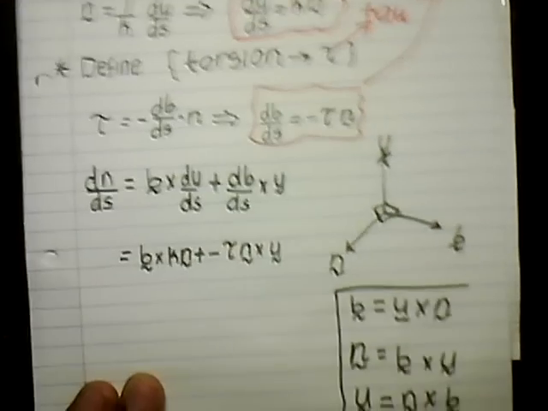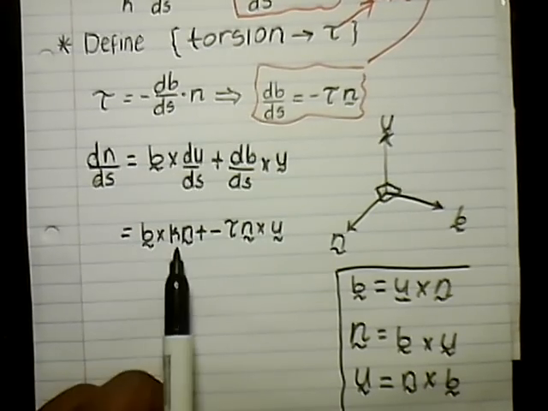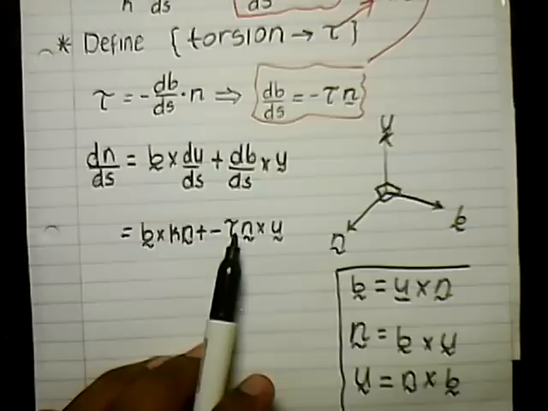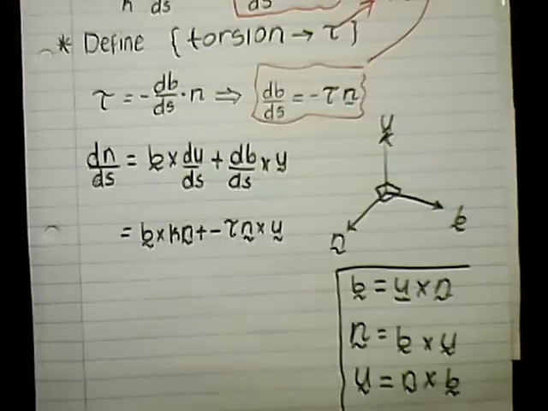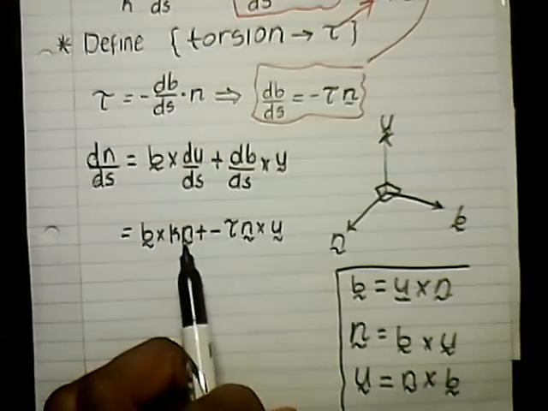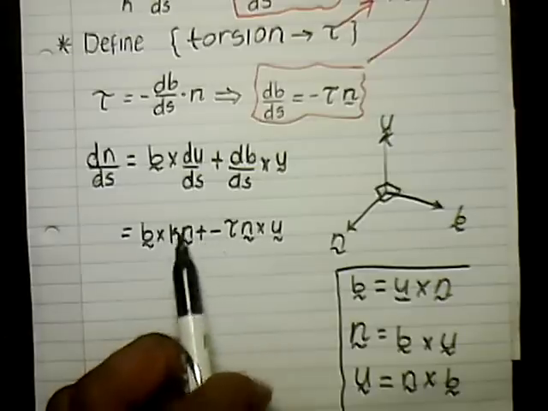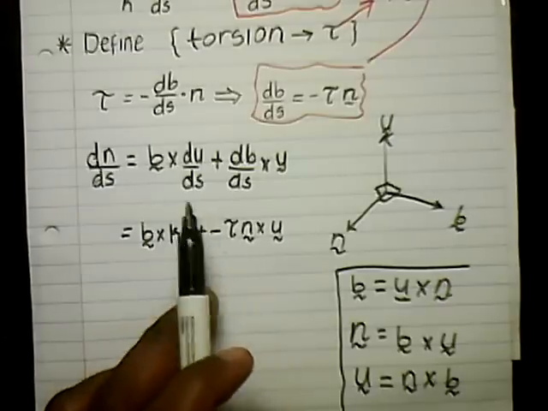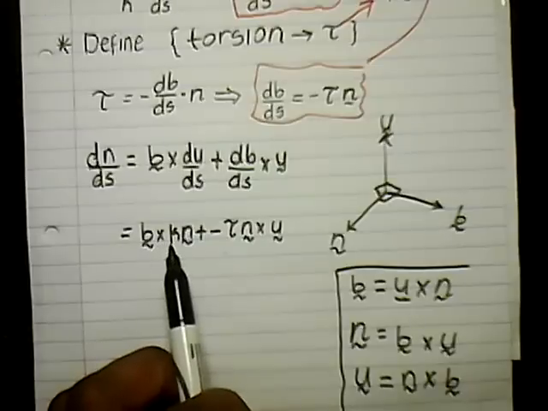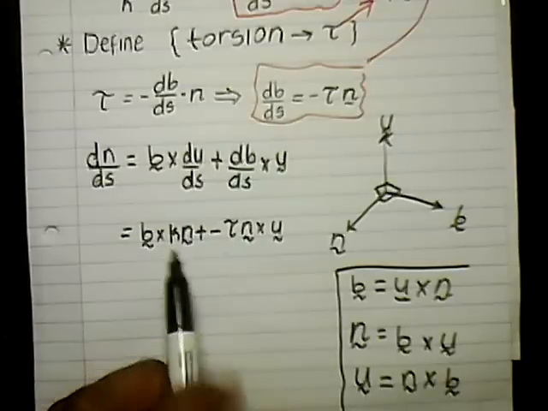Now check this out. k is a scalar, tau is also a scalar. We're taking a cross product of two vectors, and one has a scalar, meaning that we can take out the scalar to multiply the whole cross product.